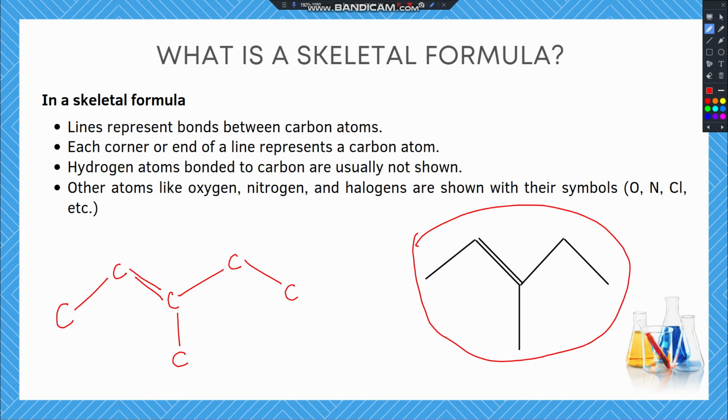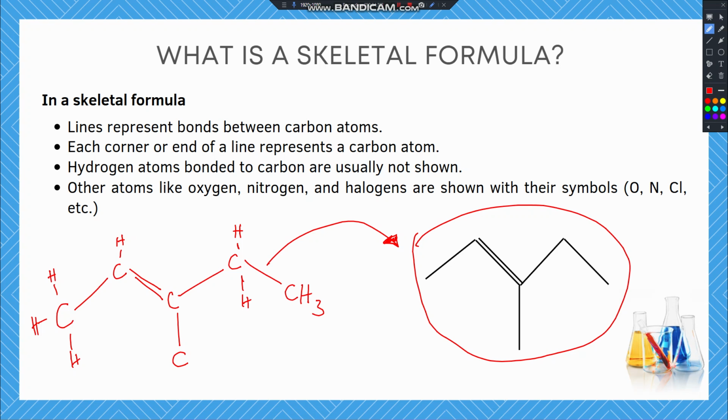So the next thing to do will be to fill the remaining vacancies with hydrogen atoms. So I have CH3, CH2, CH, and then CH3 over here. This is what this structure simply looks like in the condensed formula.